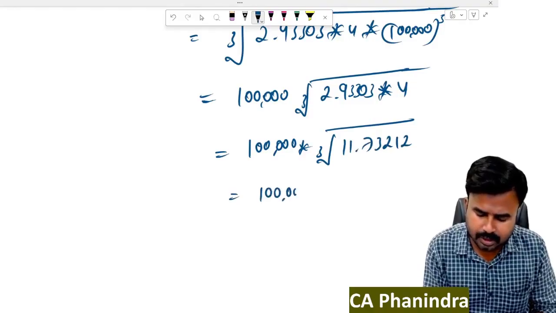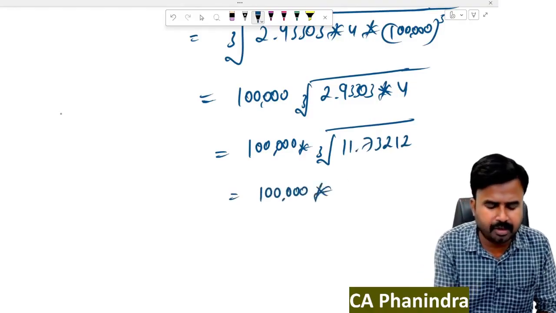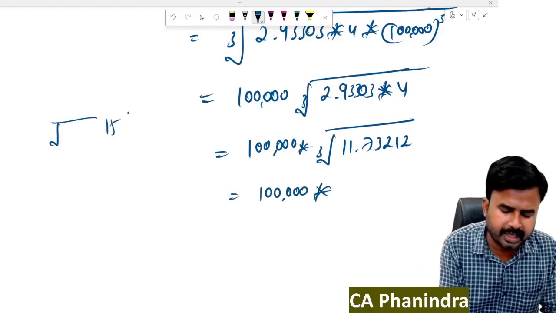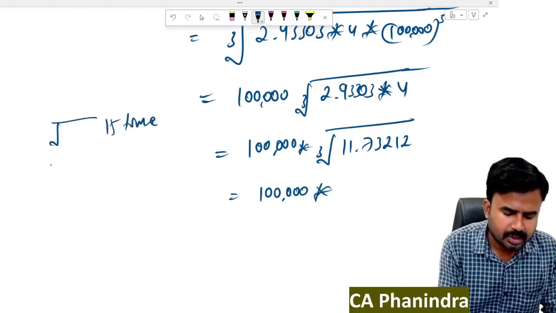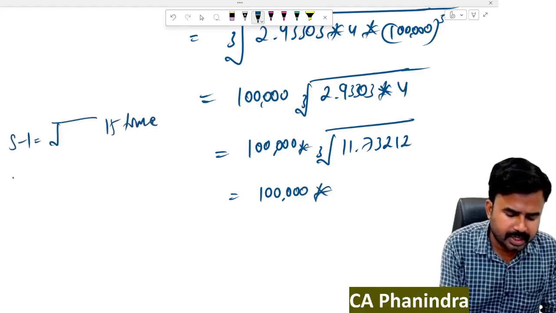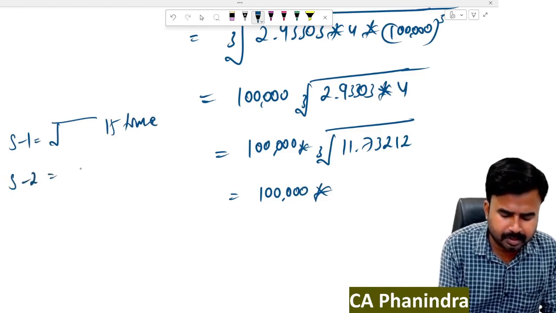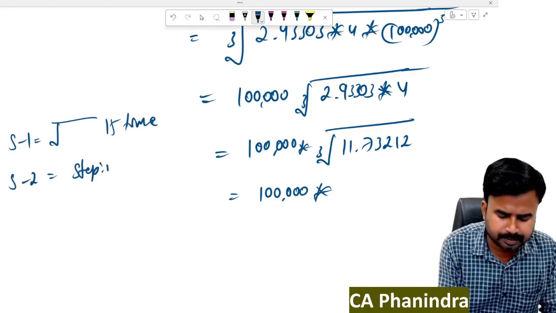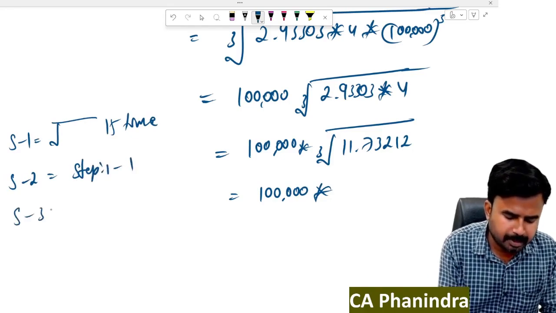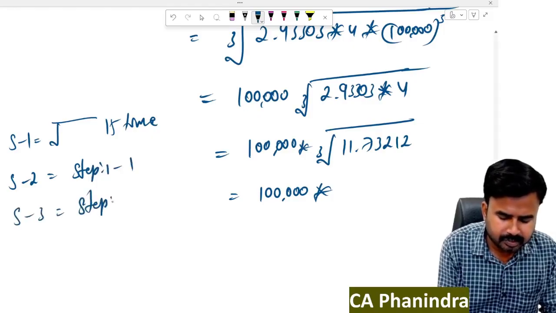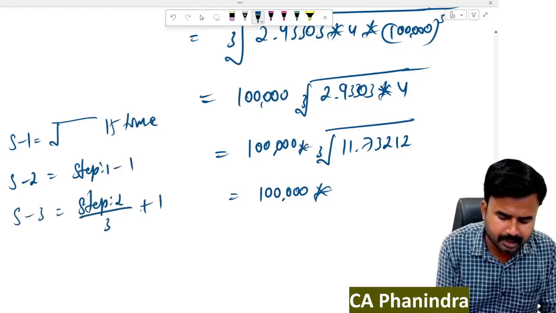For the cube root of any number, we have one method: take the square root 15 times. This is step number 1. In step number 2, calculate step 1 minus 1. Step number 3, step 2 divided by 3 plus 1.